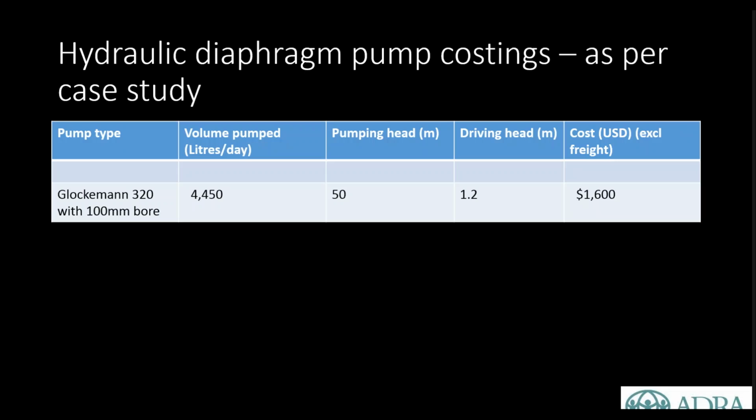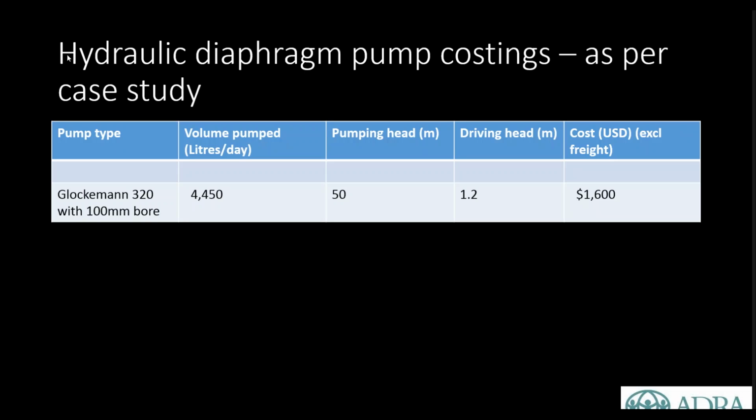So the amount of water that that pump can pump in a day is 4,450, which is obviously a lot lower than for a ram pump. And the pumping head's also lower, like the elevation difference between the pump and the tank is lower.